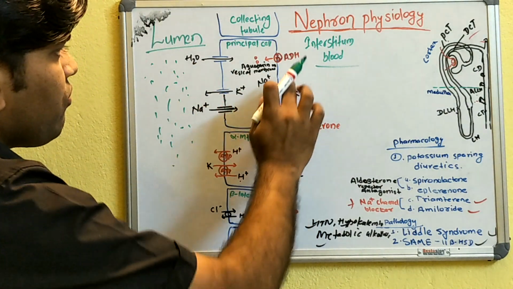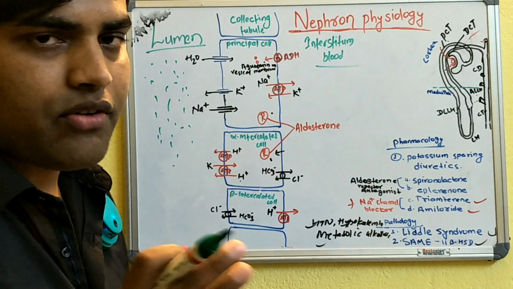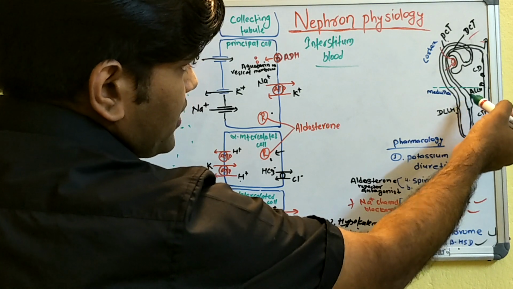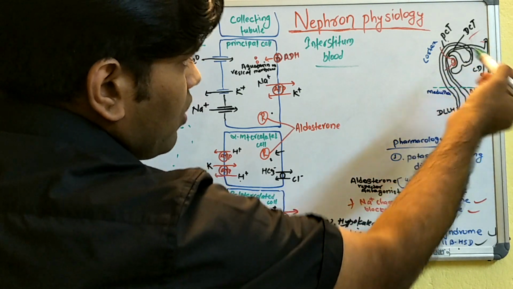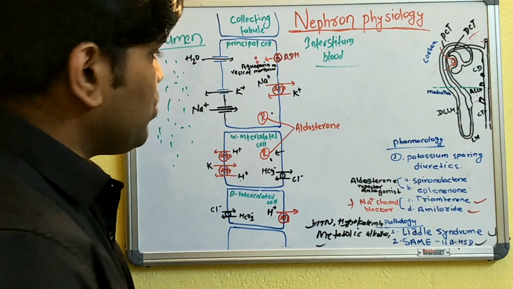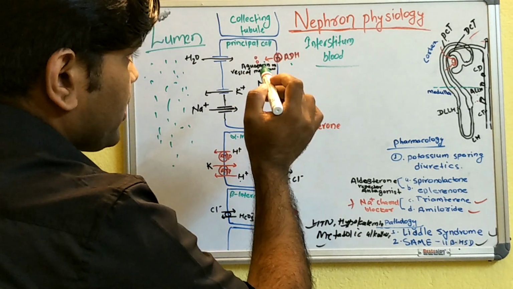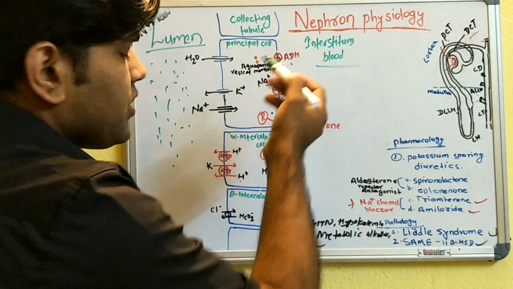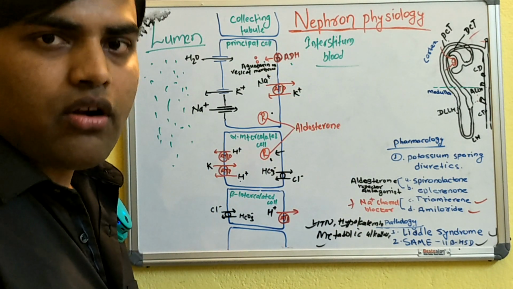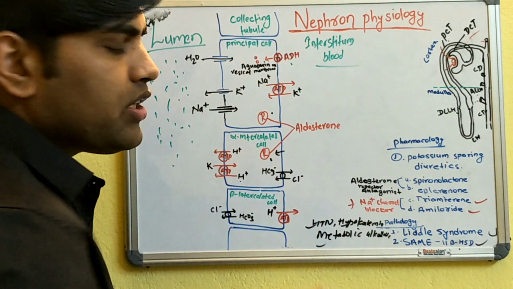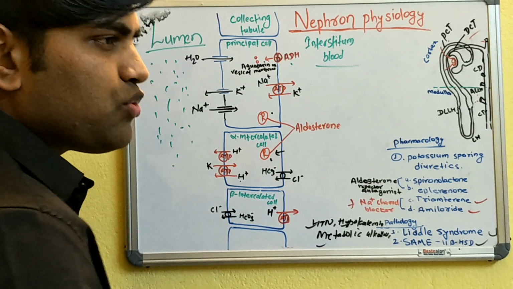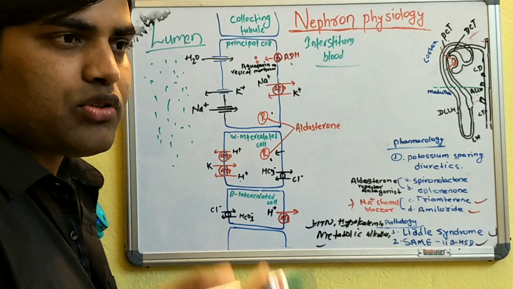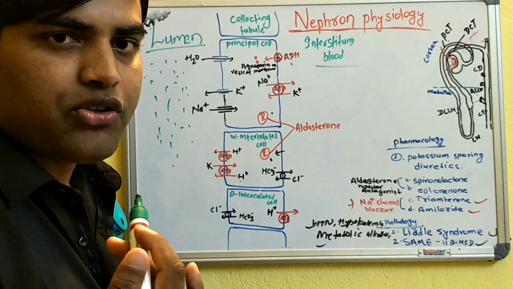When urine is passing in the lumen, normally, even if you have not used any diuretic, in the presence of ADH, as I have told you, the thick ascending limb of the loop of Henle is impermeable to water. So if there is no ADH present, then water will not be absorbed. But if there is ADH secretion, which depends on many factors such as angiotensin 2 and blood volume osmolarity, it is secreted from the posterior pituitary.